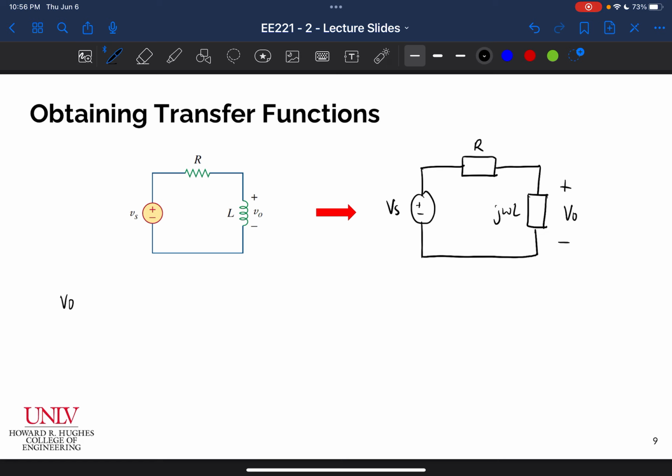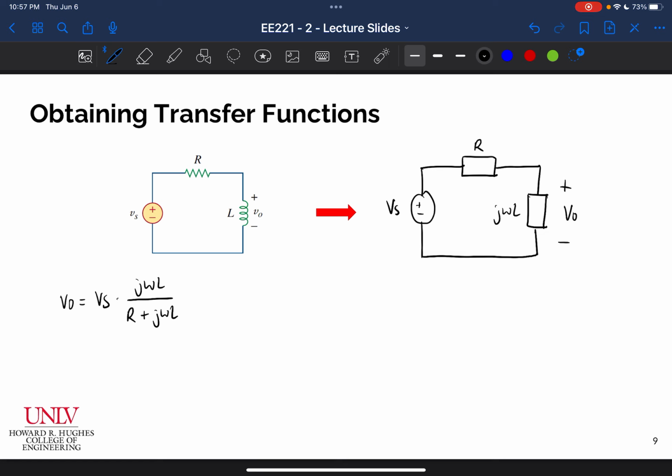Again, we know that V out is going to be equal to Vs, basically in this case, multiplied by my impedance of the inductor, which is going to be j omega L, divided by the sum of my impedance of the resistor plus the impedance of the inductor. And so I get V out is equal to Vs times j omega L over R plus j omega L. Okay?